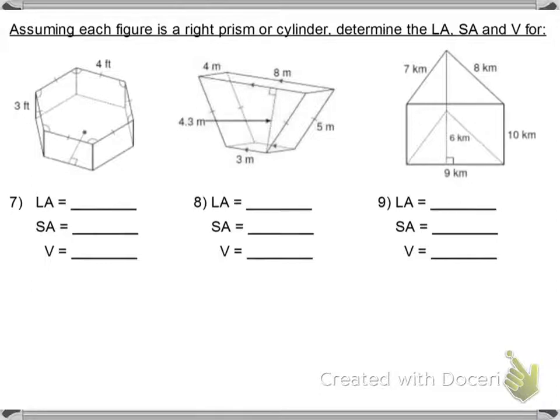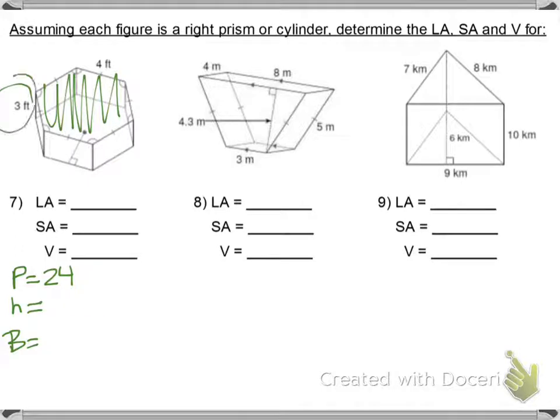Let's get the perimeter, we'll get the height, and we'll get the area of the base, because those are everything that we would need to plug in. So the perimeter here, it's showing you that every side is 4, and this is a hexagon. So the perimeter here would be 24. The height is whatever is connecting your two bases, and if your bases are the hexagons, then your height would be 3.